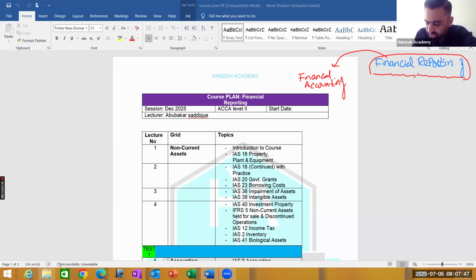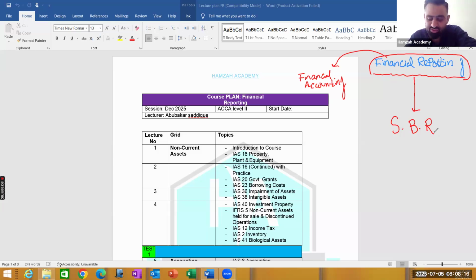And after financial reporting, the next paper you will be studying in this stream will be strategic business reporting, SBR. Strategic business reporting would be the next paper after financial reporting.